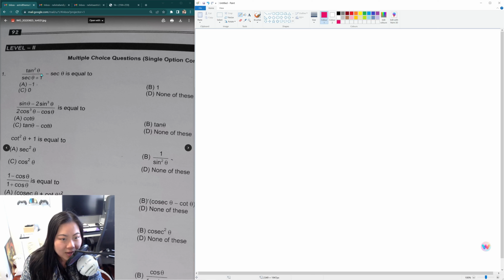Question 1. Tan squared theta over sec theta plus 1 minus sec theta is equal to what? Let me write it out first. Okay. The first thing that I notice is the tan squared theta. If there's a squared, there is probably a trig identity that goes with it.